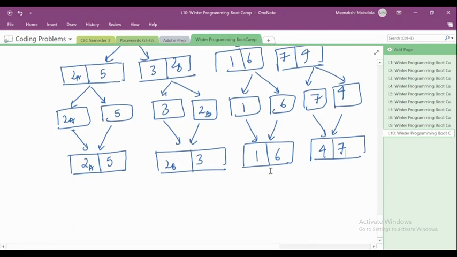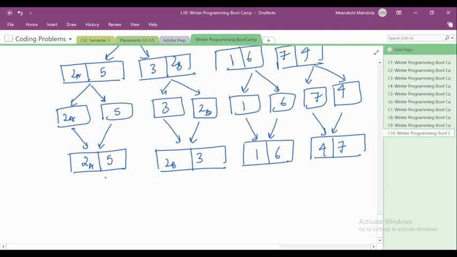Now you are further going to merge these subarrays as well. So you simply move ahead, and now you compare each element with the rest of the two elements. In each subarray you have two elements, so you compare each element and then you place it at its correct position. So 2a and 2b are actually at their own positions.